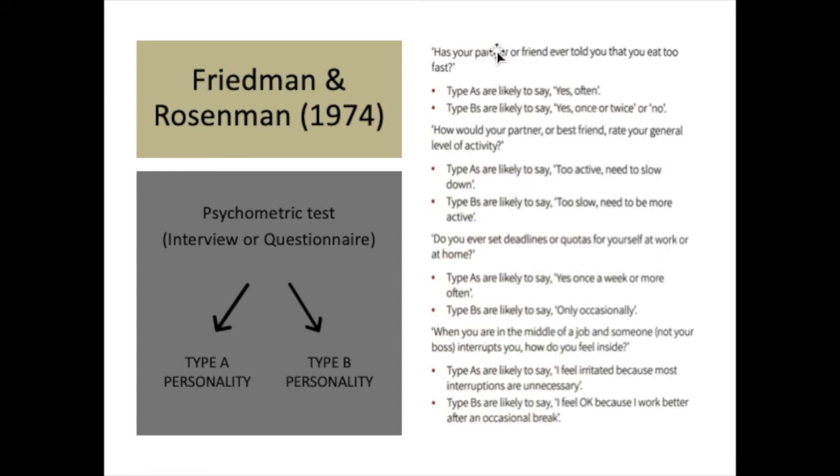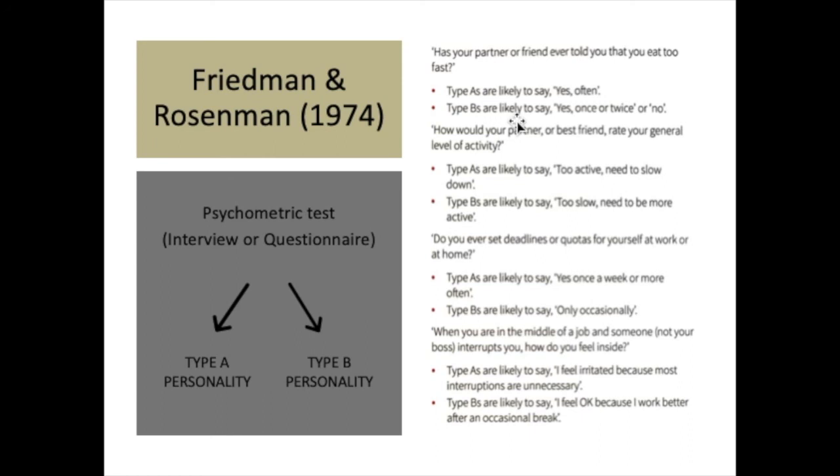These are some of the example questions that can be asked in the psychometric test. It's in your notes. Basically, has your partner or friend ever told you that you eat too fast? Type As are likely to say yes often, because they want to do everything fast.